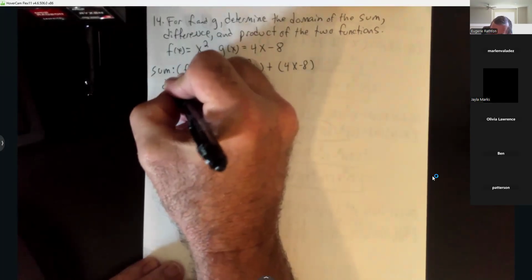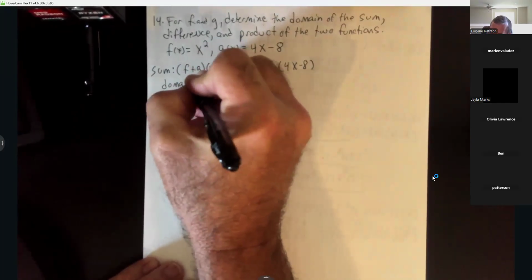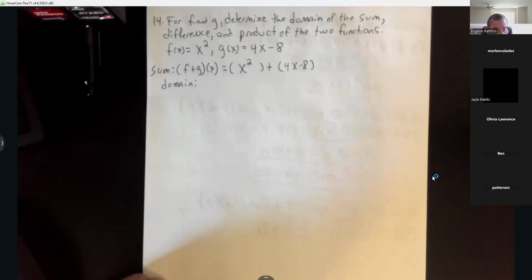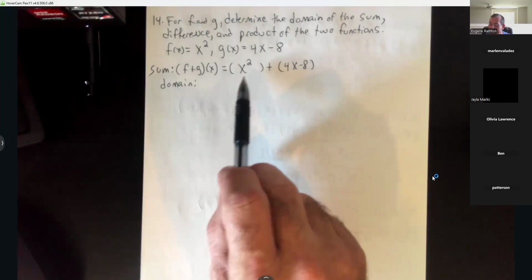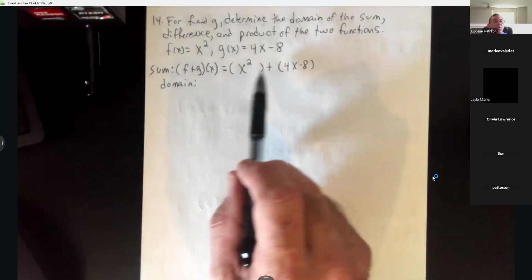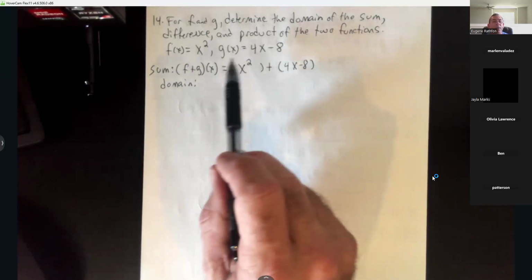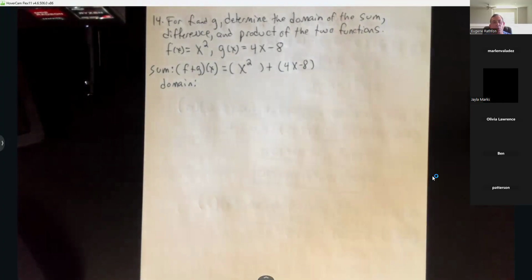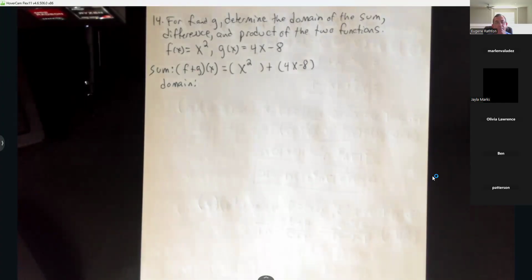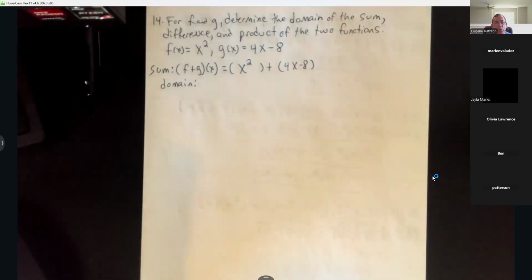So the domain of that one. Y'all, what would the domain of this function be if I was adding these two functions? What do you think the domain would be? There's one question I would ask y'all. Do you see any fractions?